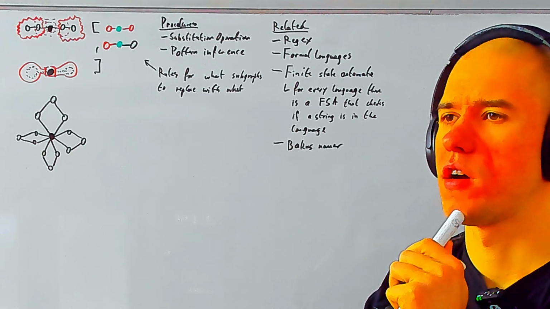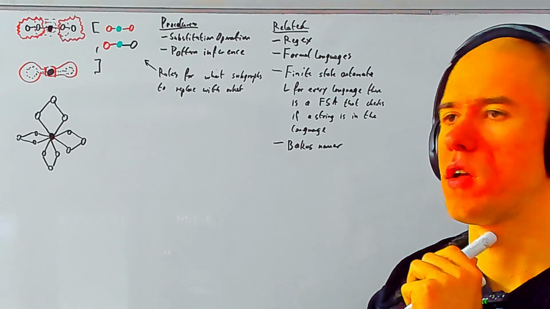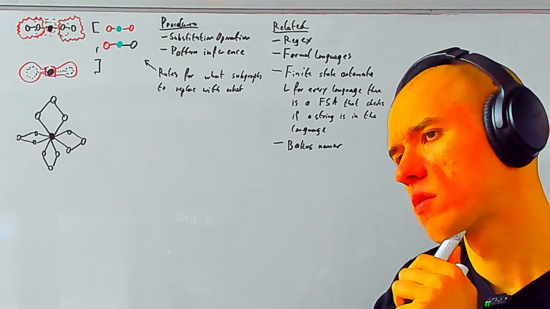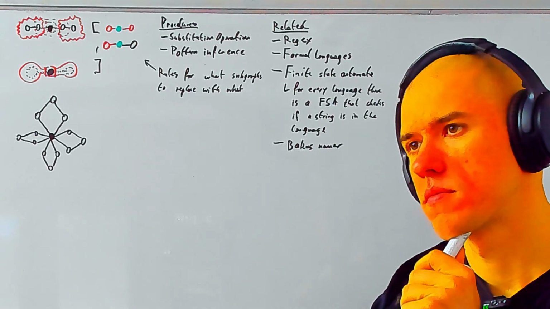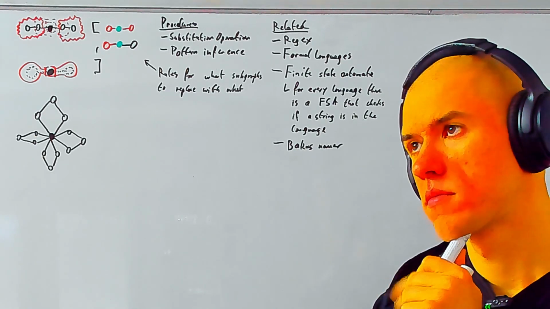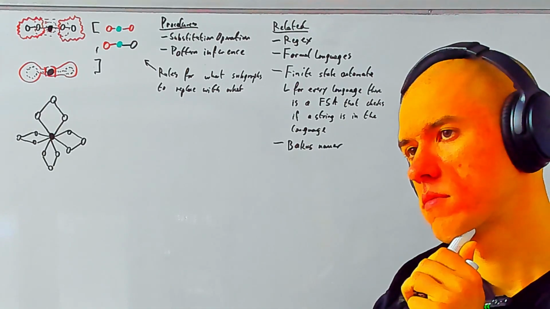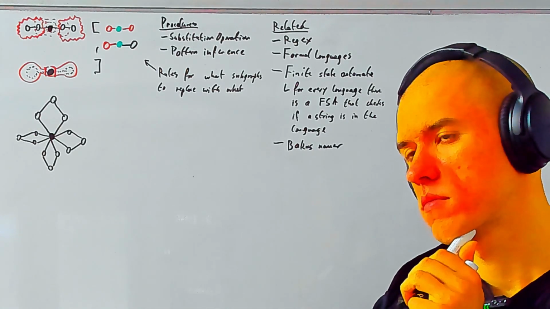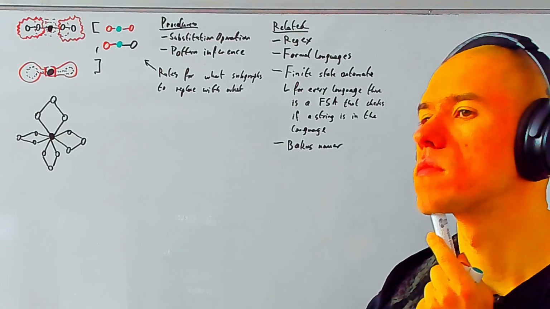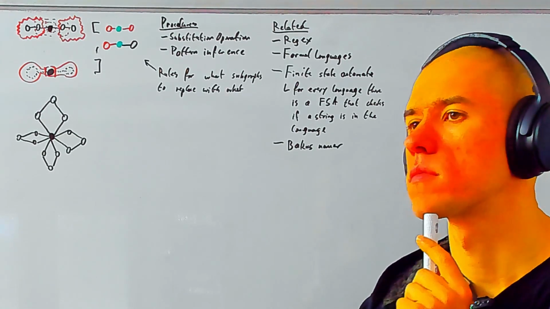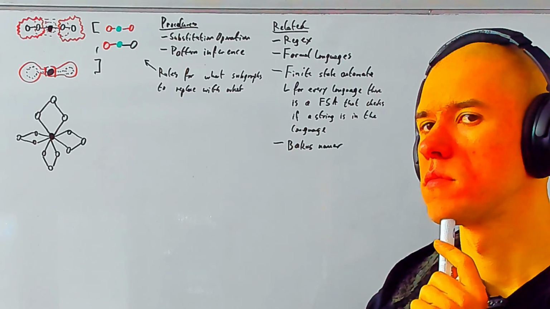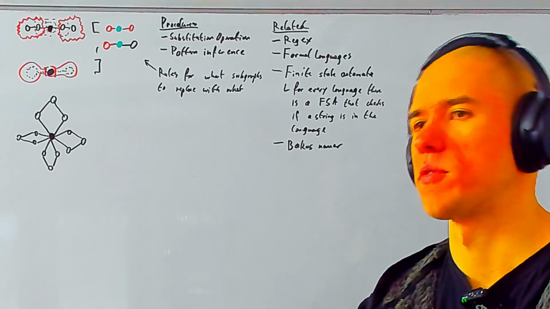So in formal languages, you have a language which is a set of strings, which are the words in the language, and here we could say, okay, we have a set of graphs, which are all the finite line graphs. And now we want to generate all these. This is the language.